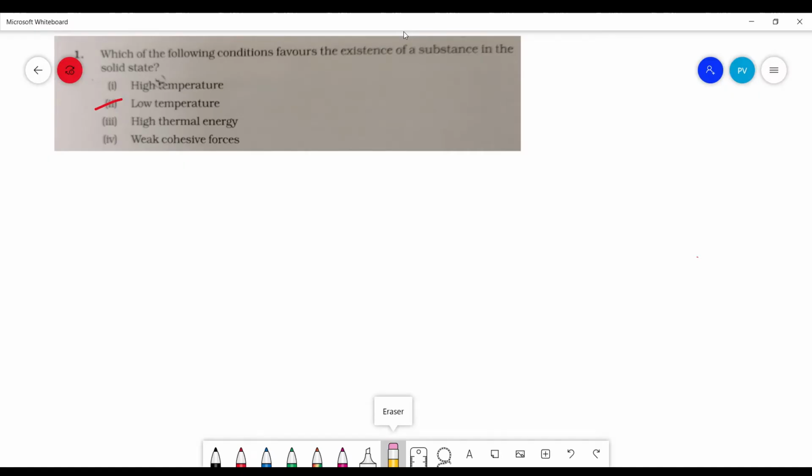Question number one, which of the following conditions favors the existence of a substance in the solid state? At low temperature, generally molecules are in slow motion and have strong cohesive forces between them.